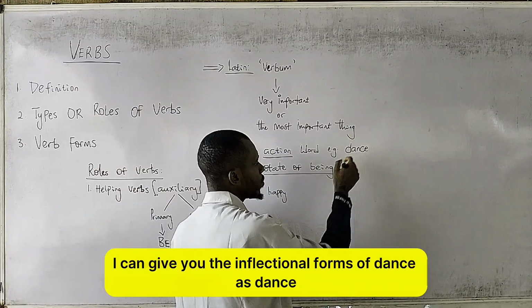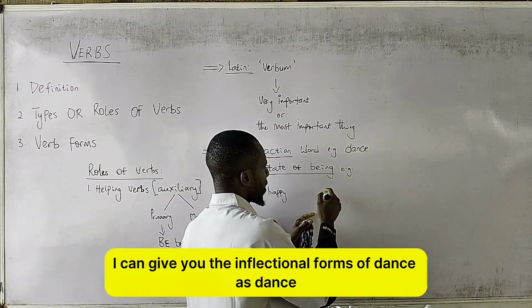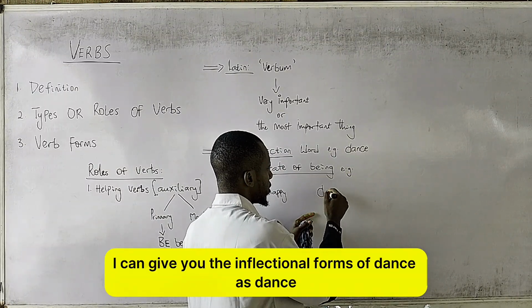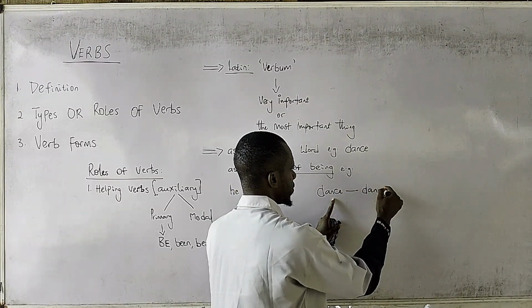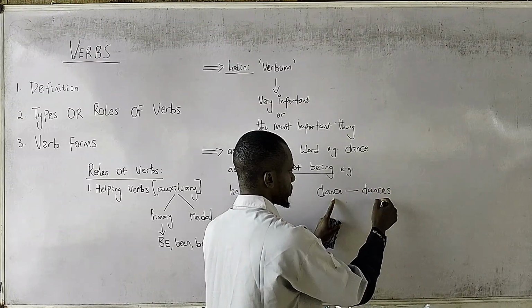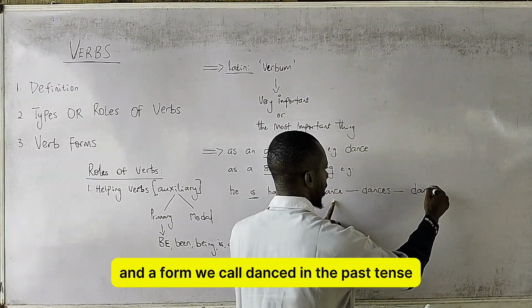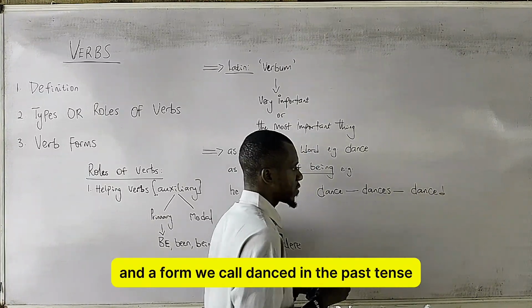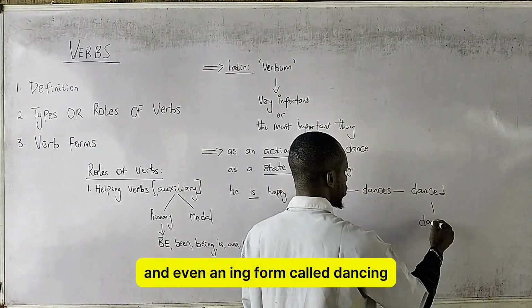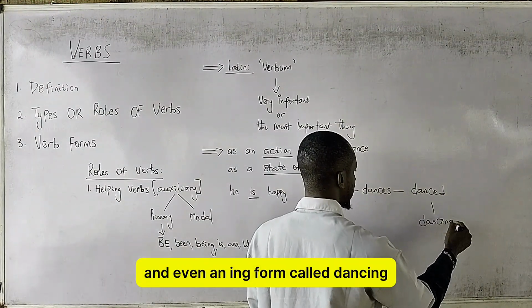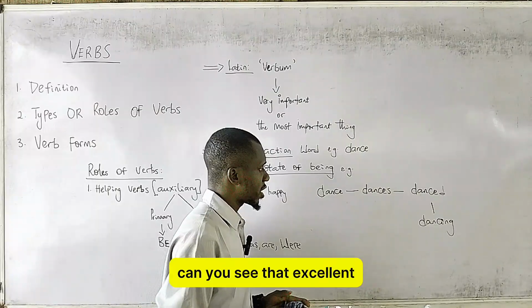I can give you the inflectional forms of dance as dance, dances, and a form we call dance in the past tense, and even an ing form called dancing. Can you see that? Excellent.